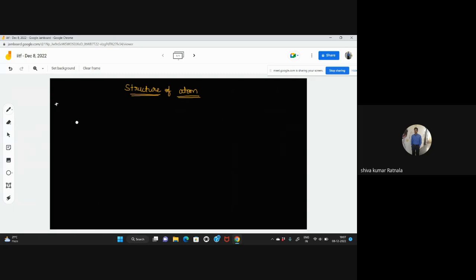When we are discussing structure of atom, generally in any atom, we know as per Dalton's theory, atom is the smallest particle which is indivisible.